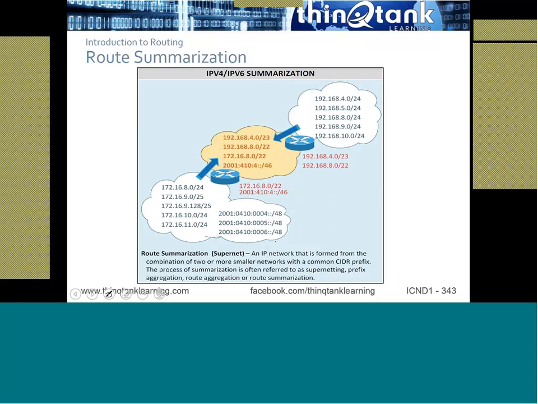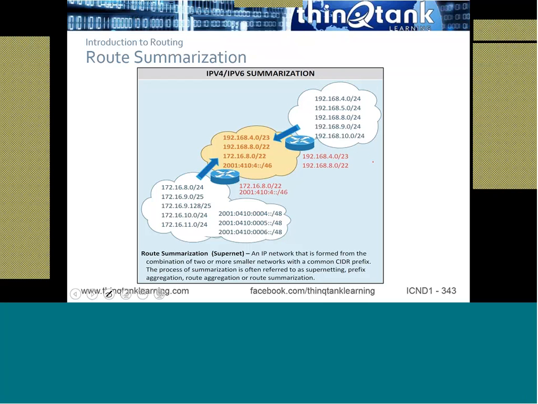Now, if these networks were the only networks I had, sending in what is that, 1, 2, 3, 4, 5 routes as opposed to 2 routes, obviously that's a bit of a waste of time, isn't it? When we talk about summarization, we're talking about summarizing potentially hundreds of networks or thousands of networks.